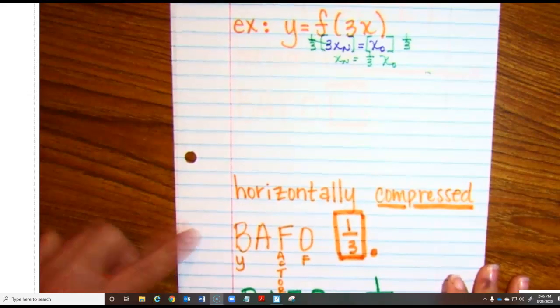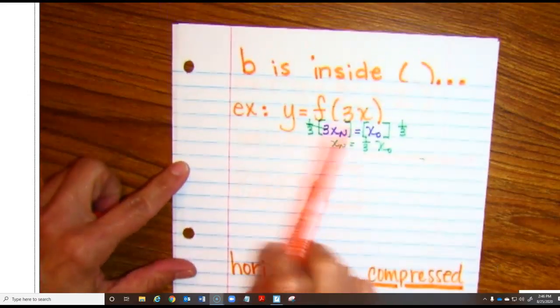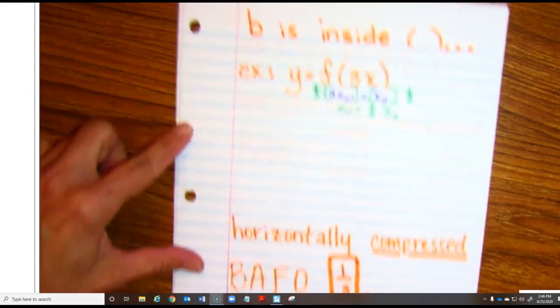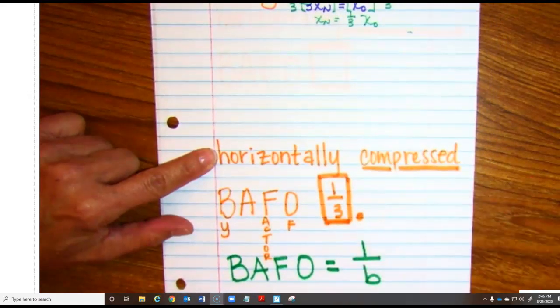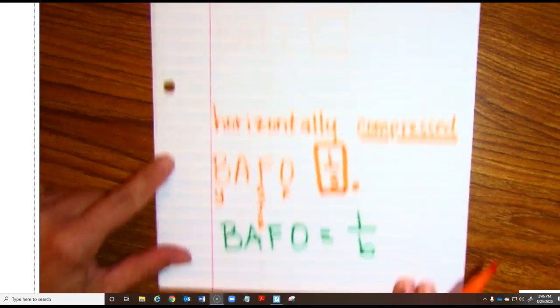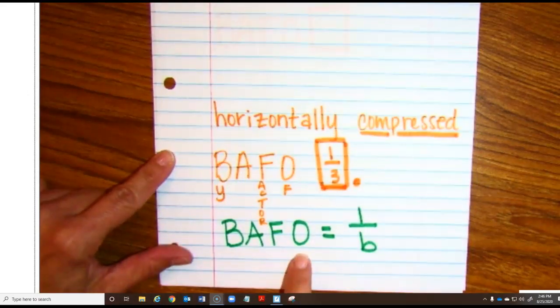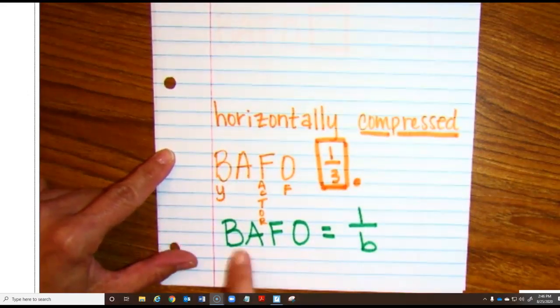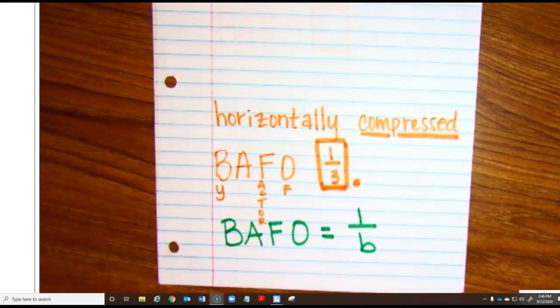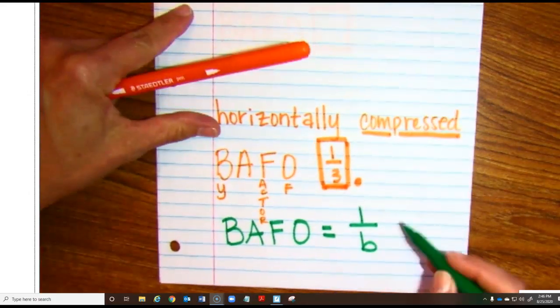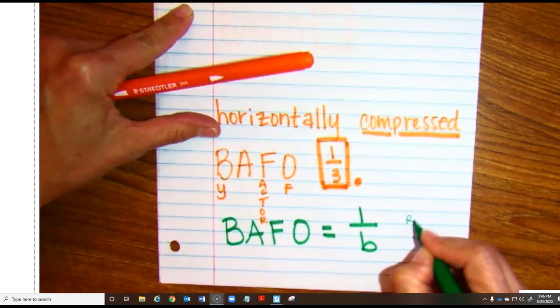And this is only applicable to B values. This is only applicable to horizontal compressions or horizontal stretches. So memorize this terminology. You will definitely see this. BAFO, by a factor of. Your horizontal stretches and compressions are always by the reciprocal.